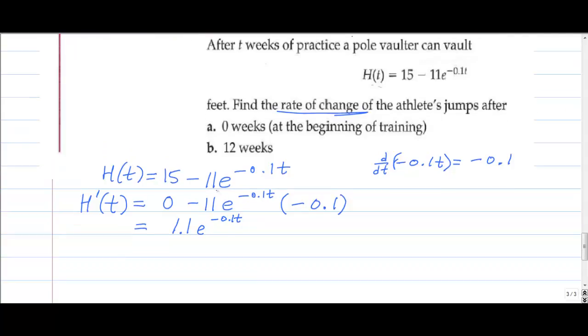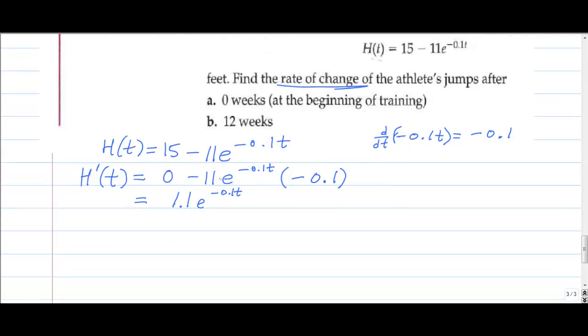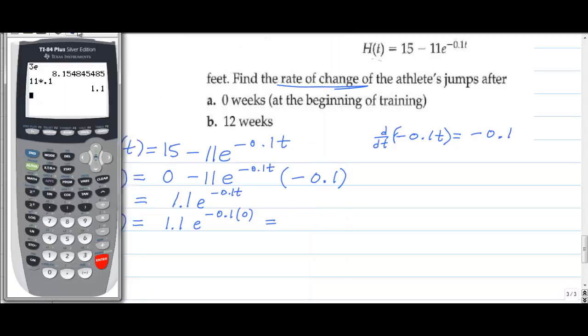It says find the rate of change after 0 weeks, so at the beginning. So I have to plug 0 in here. That's 1.1 e to the negative 0.1 times 0. So let me show you something.